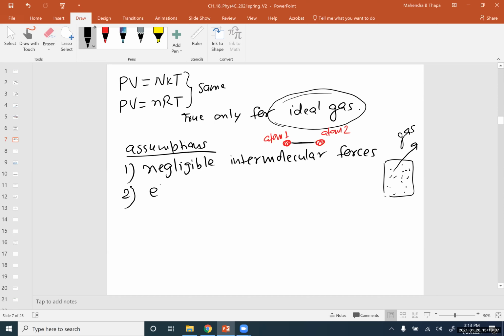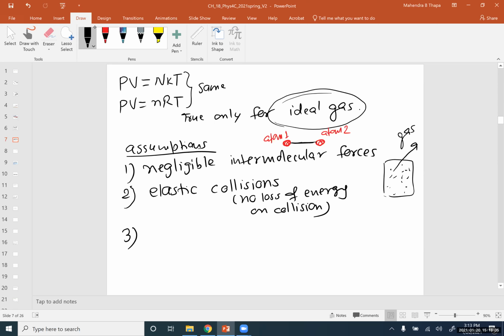And we assume that there is elastic collision between atoms or molecules. Elastic collision, you know, means there is no loss of energy on collision. That is how we define it. Third, in general, we assume that the volume of each atom is very small compared to the volume of the container.